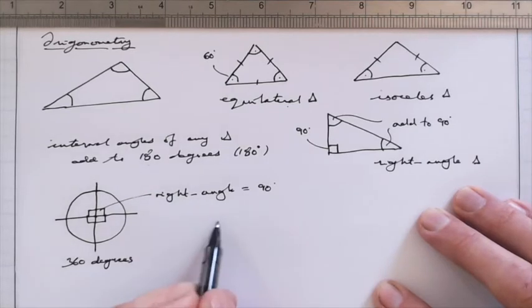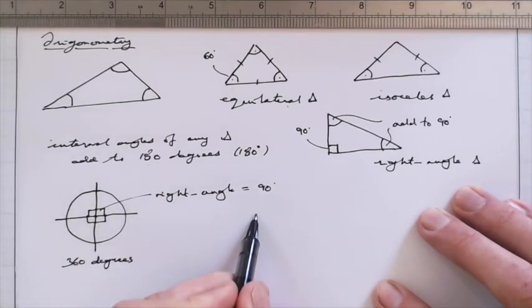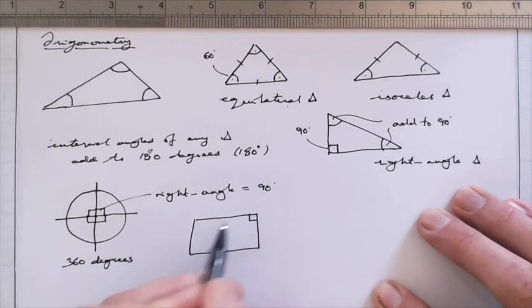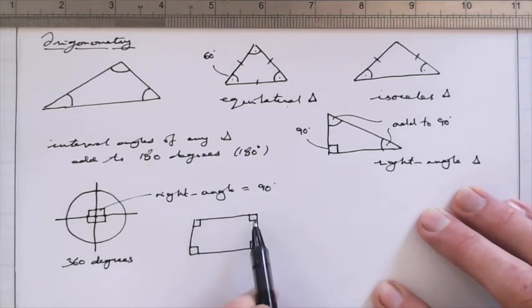That means that if I draw a rectangle, any rectangle, again by definition a rectangle is a shape with 4 sides where each angle is 90 degrees, then we know for this rectangle that the internal angles must add up to 4 times 90.